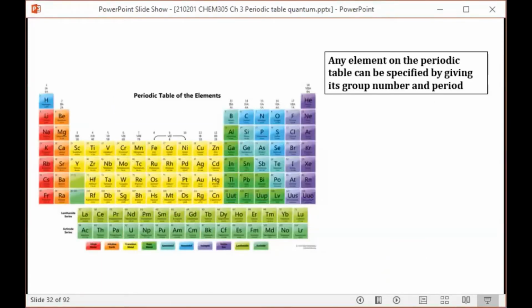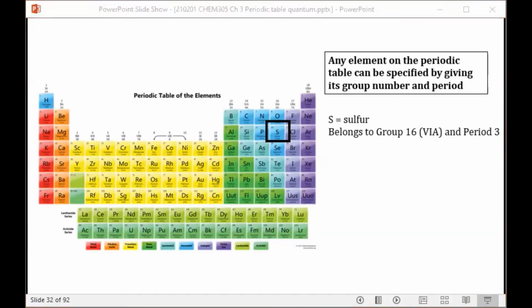Any element on the periodic table can be specified by giving its group number and its period. It's kind of like playing Battleship. You might say, okay, I'm interested in sulfur. Well, sulfur is group 16, if you label across, and it's the third row down.